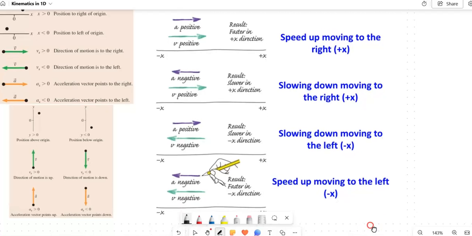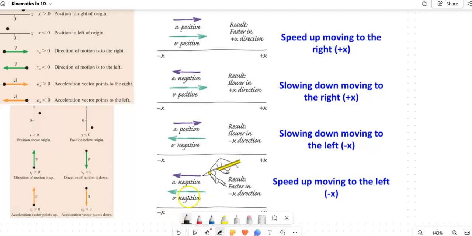Similarly, if you are moving to the left and somebody begins pushing you to the left, you're going to be speeding up while moving to the left. However, if you're moving to the right and somebody's pushing you to the left, you will be slowing down in that instant while moving to the right. If you're moving to the left and your acceleration vector is to the right, you're going to be slowing down while moving to the left.